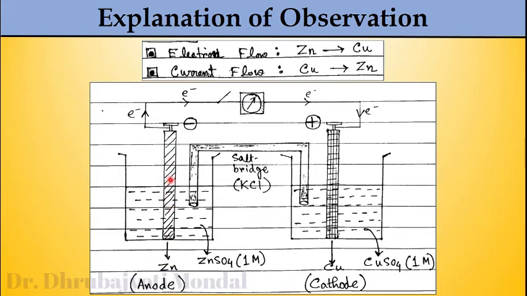Oxidation means Zn converts to Zn2 plus. So that Zn2 plus will come out from that electrode and go into the solution. So the concentration of zinc atoms in that electrode decreases. And when the zinc atom loses 2 electrons and converts to Zn2 plus, that means the electrode will be electron rich. And if it is electron rich, it gets the negative charge.